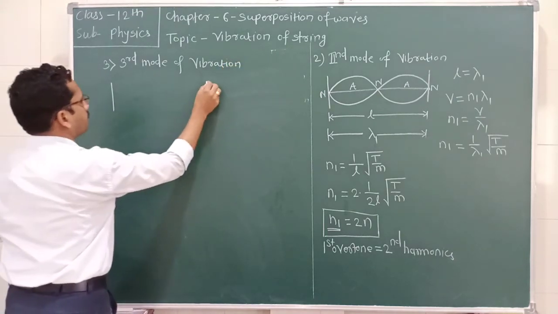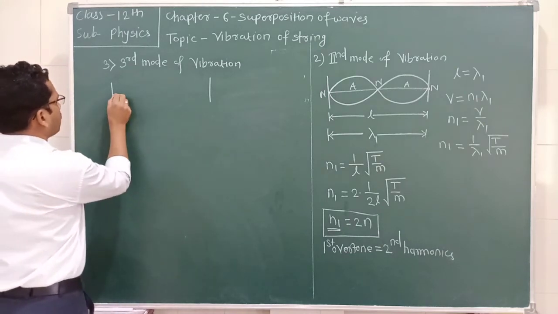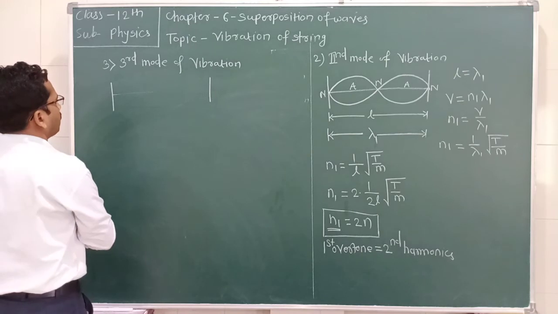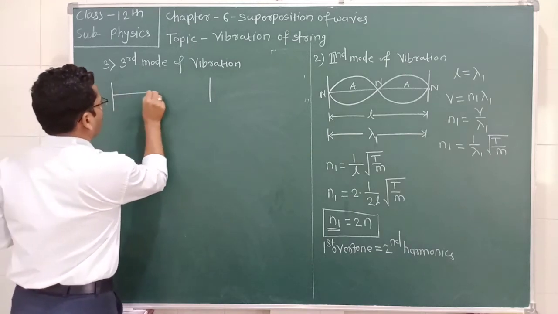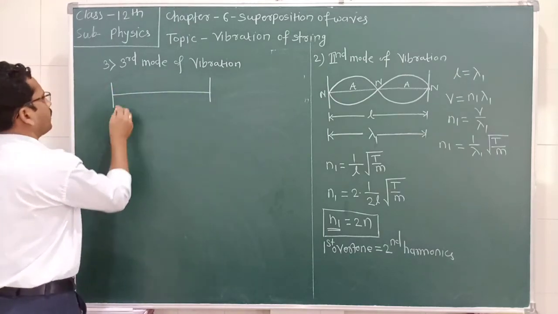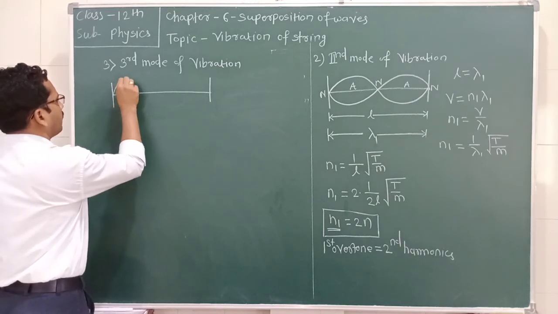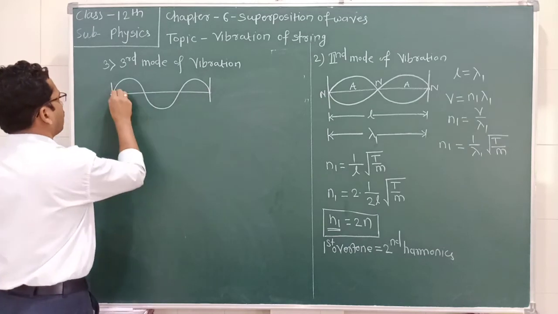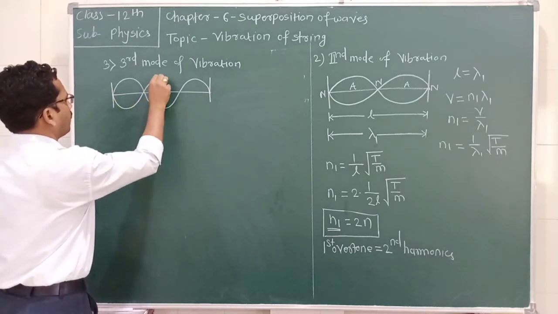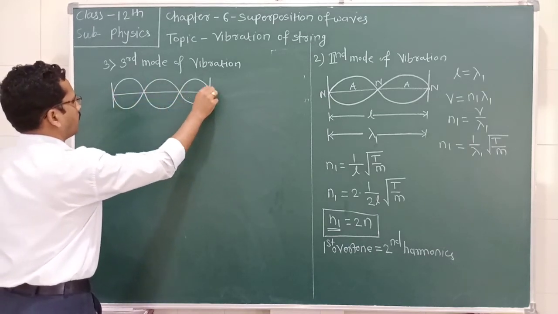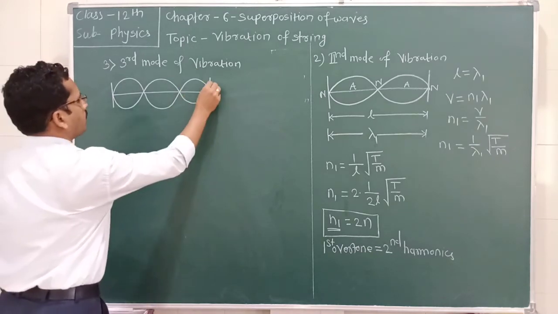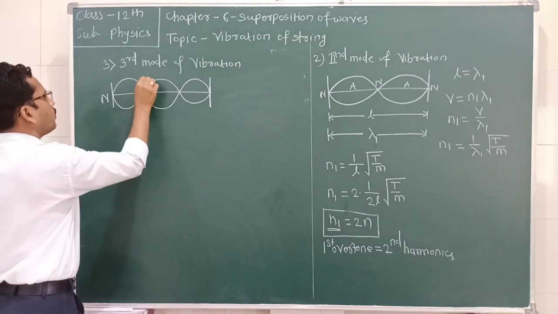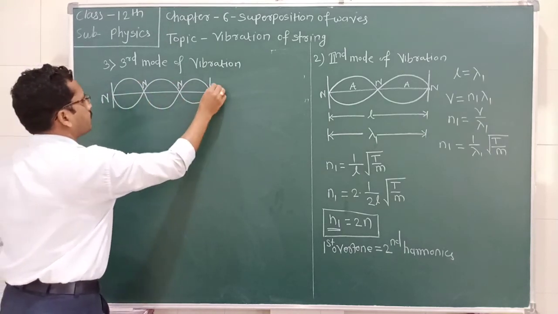Consider these are the rigid supports. Now this is node, this is node, this is node, and this is also node.